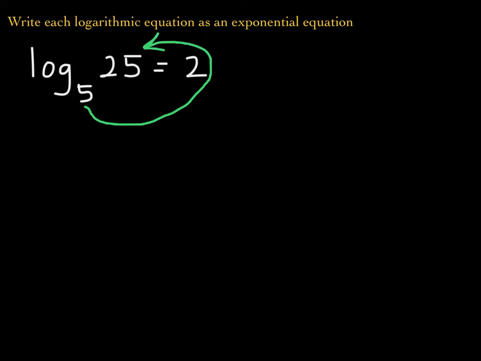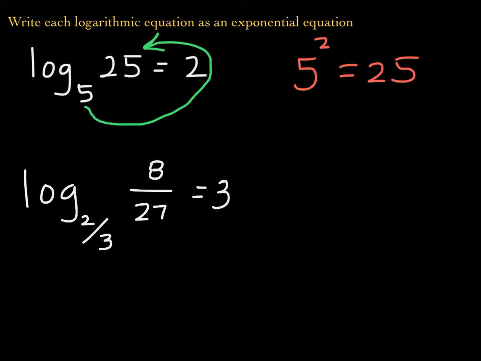Some students call that a little scorpion tail. But at the end of the day, in exponential form, this means base 5 raised to the power of 2 gives you 25. And we can tell we're correct because 5 squared is 25. So this exponential statement is equivalent to this logarithmic statement.